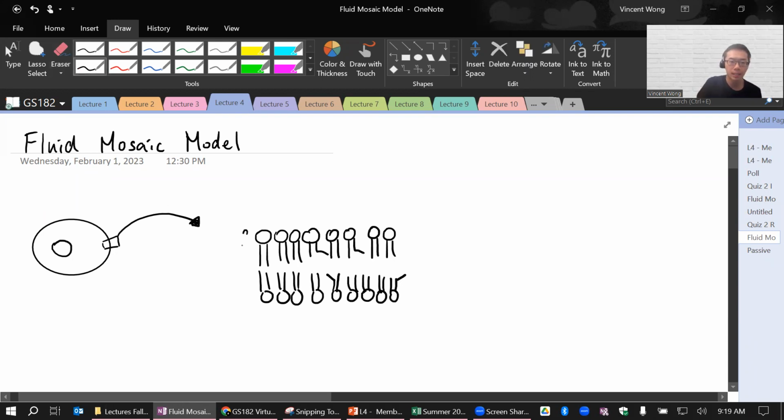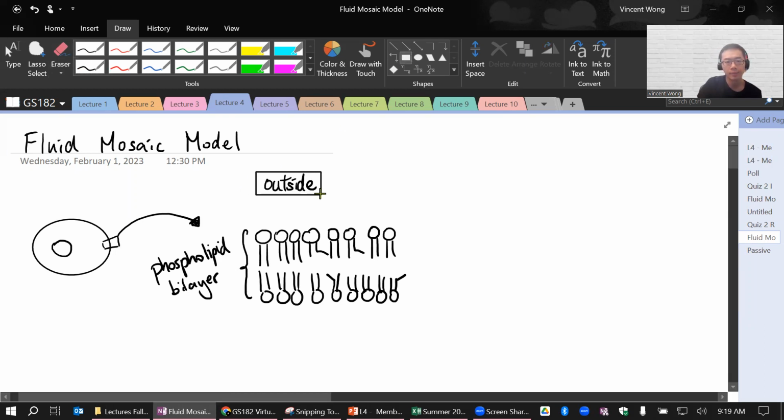This is a phospholipid bilayer. And this would be the outside of the cell, and then this would be the cytoplasm, the inside.